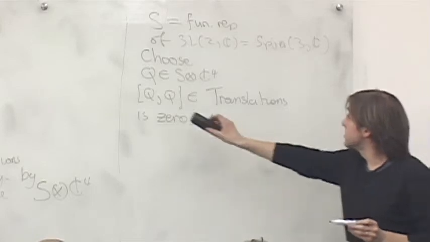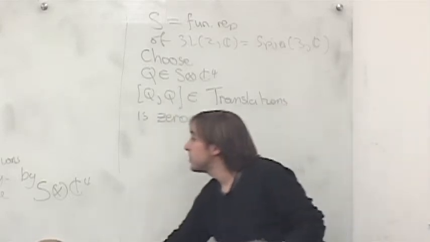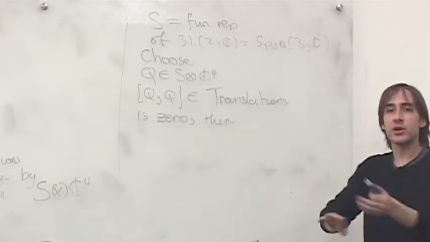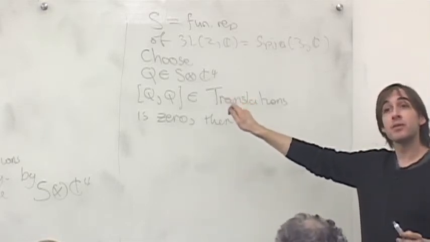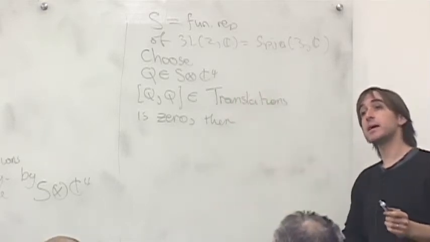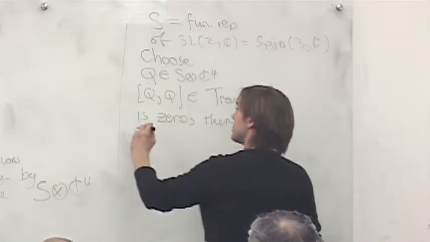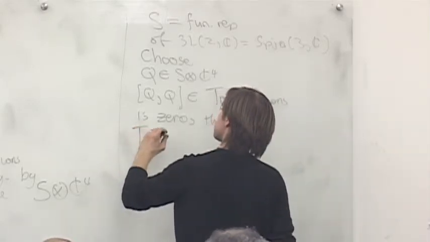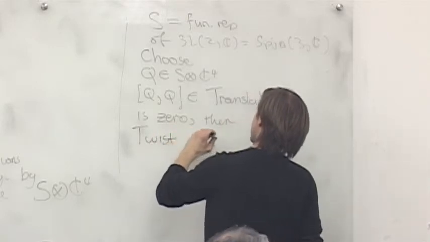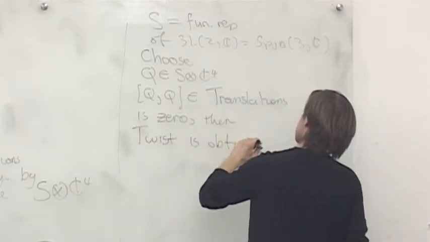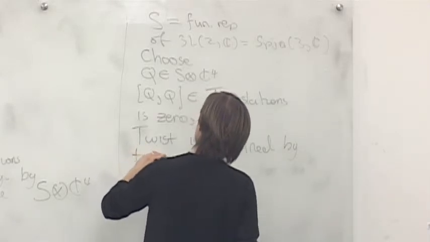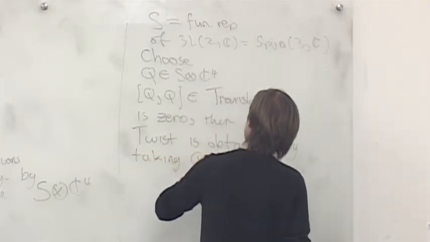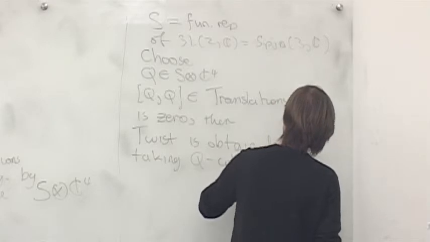This algebra acts on everything: our Hilbert space, our spaces of operators, whatever we can think of. I've chosen an element whose square is 0. That means I can take cohomology of everything. The twist is obtained by taking Q cohomology of everything.